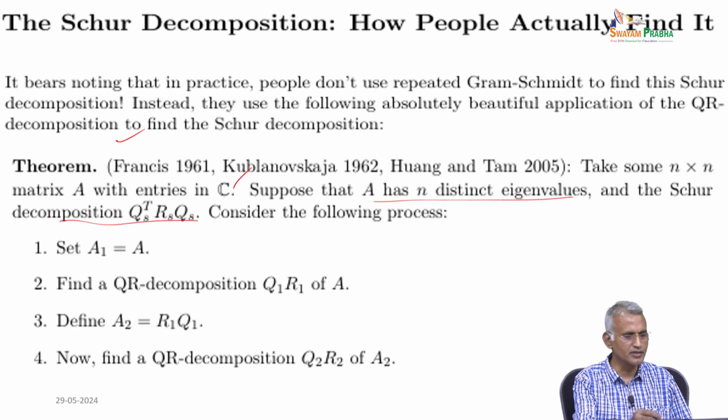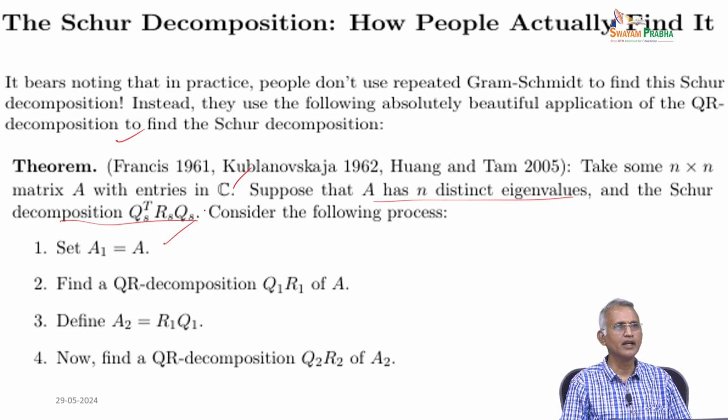Consider the following process. Set A1 equal to A and find the QR decomposition Q1 R1 of A1. Define A2 equal to R1 Q1.